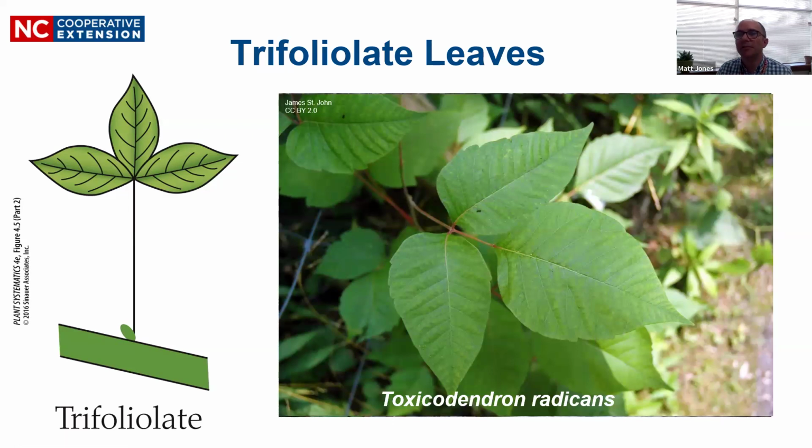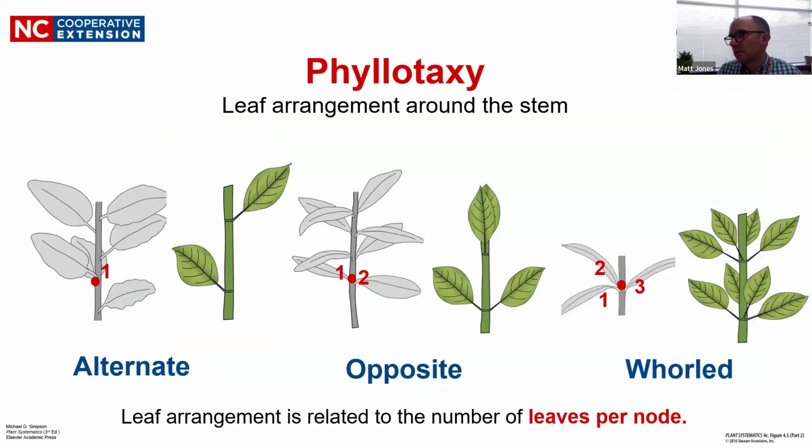So after you determine if it's a simple or compound leaf, look at how the leaves are arranged on the stem. The most common arrangement is defined as an alternate pattern. Phyllotaxy generally is a function of the number of leaves at any given point on the node.